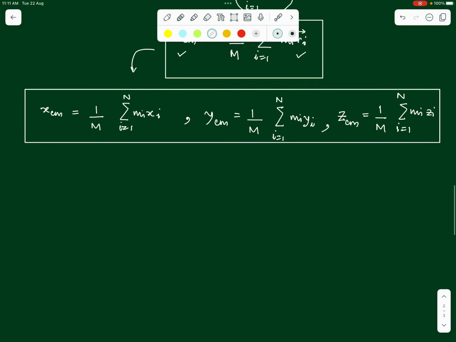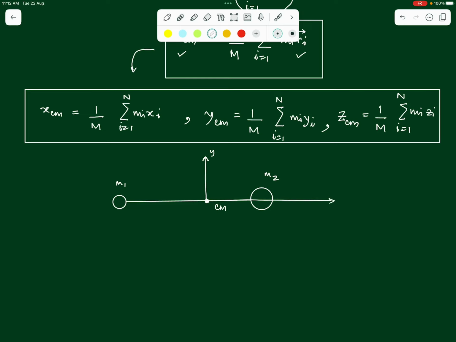Now let's observe something. For the same 2 ball system that we considered above, the mass m1 and the mass m2, which is different from m1, let us assume that the center of mass of this system lies at the origin. Let's say this is the y axis, this is the x axis, and this point is the origin itself.